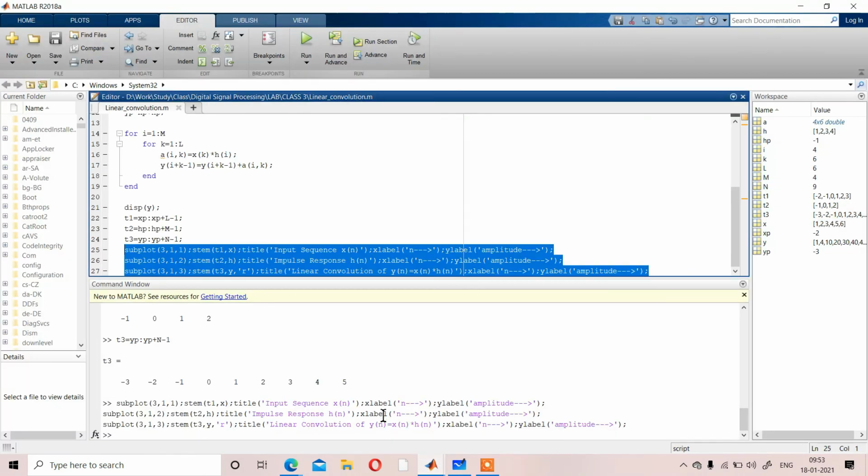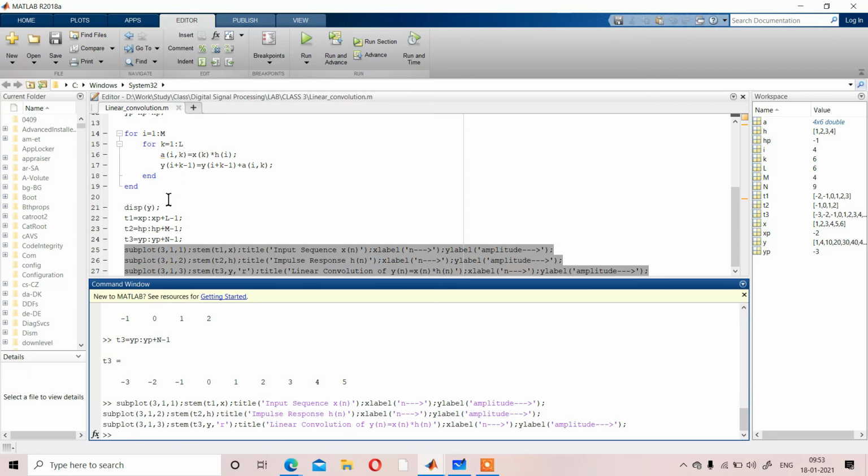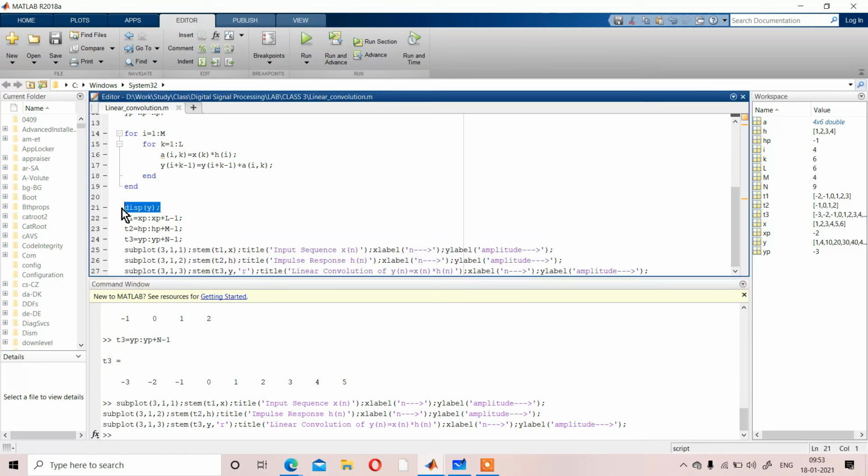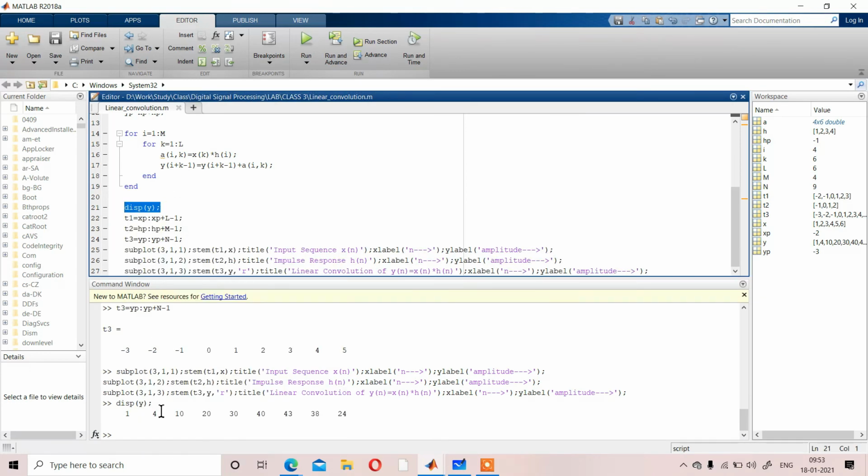And if we want to display the values of y, or if we want to see the values of y, that is display y, that will display the values of y. So first value of y will be 1, then 4, then 10, 20.